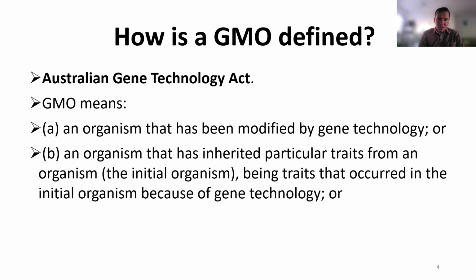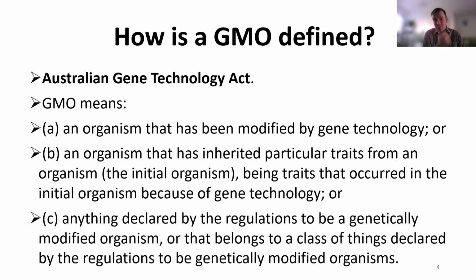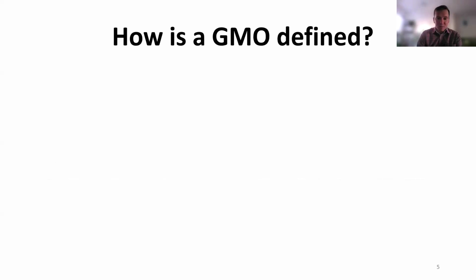It can also be an organism that inherited particular traits from an organism in which they occurred because of gene technology, or it can be anything declared by the regulation to be a genetically modified organism. And this is where things are really complicated, because what is technically genetic modification may not be defined in a regulation as a genetically modified organism.